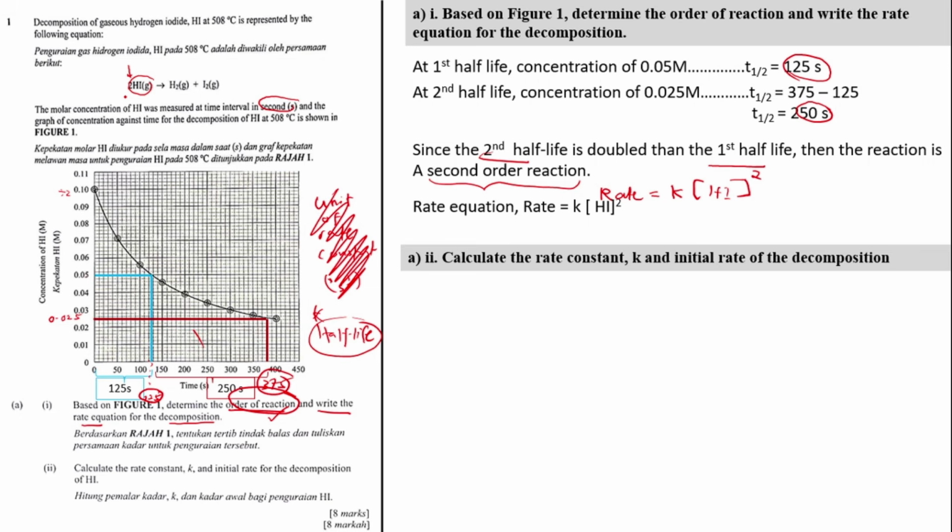Since we know the rate equation, now we can calculate our rate constant k by using the half-life for second order. The half-life formula for second order is t half equals 1 over k[A]0.